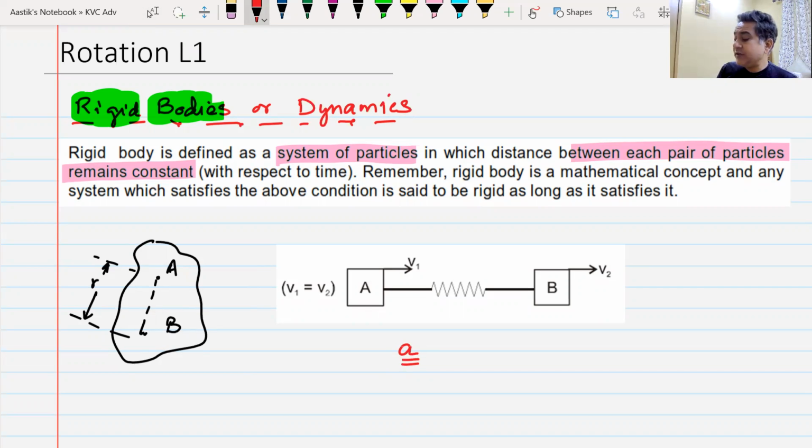Now, if both the blocks are moving with the same velocity, the distance between any 2 points does not change. This system of particles can also be treated as a rigid body. Do we understand this, or has this gone above our heads? Yes, sir.